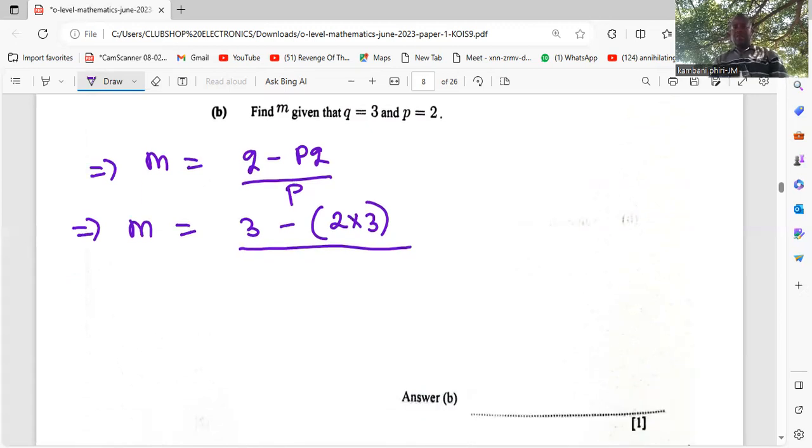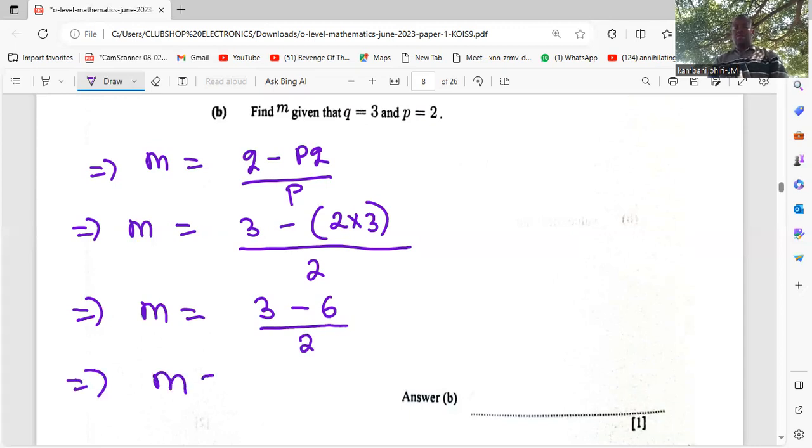So we divide this by P. M is equal to 3 minus 6 divided by 2.